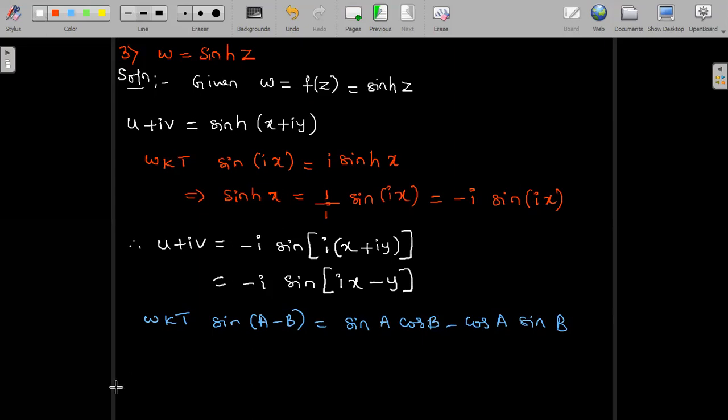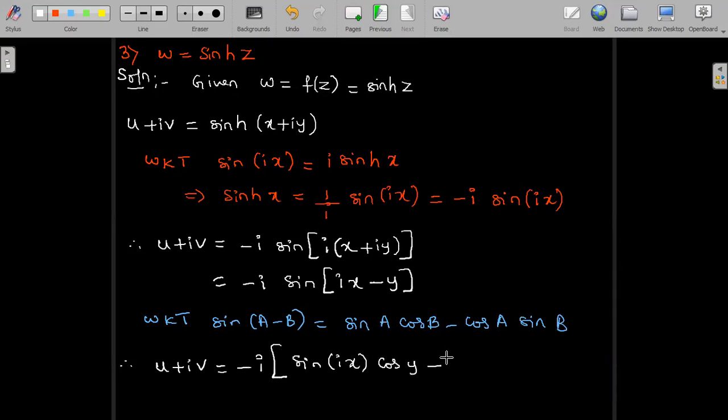So u plus iv will be now equal to minus i as it is, then sine a cos b minus cos a sin b I have to apply. So sine a is ix, cos b, so cos y, minus cos of ix into sin y. Correct, no?